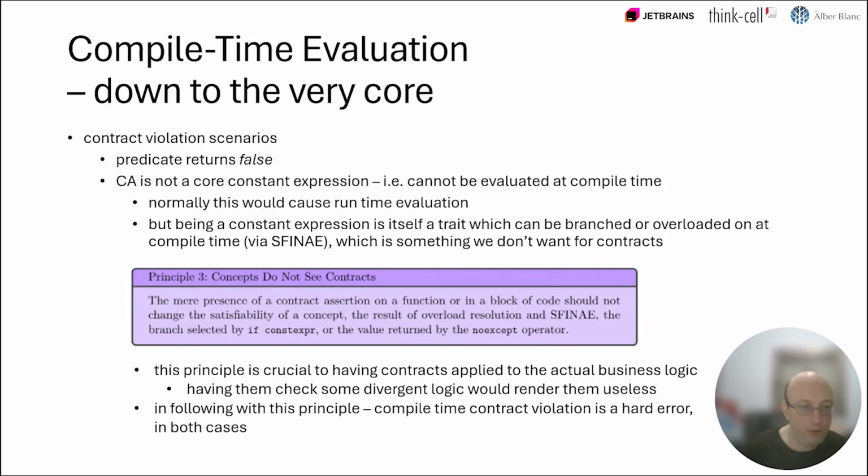Therefore, we have principle 3, that contract concepts do not see contracts. So basically, it says that we cannot at compile time determine there is a contract and what its outcome would be. Therefore, we cannot make such a delay of execution until runtime. Therefore, this also must be ill-formed code.